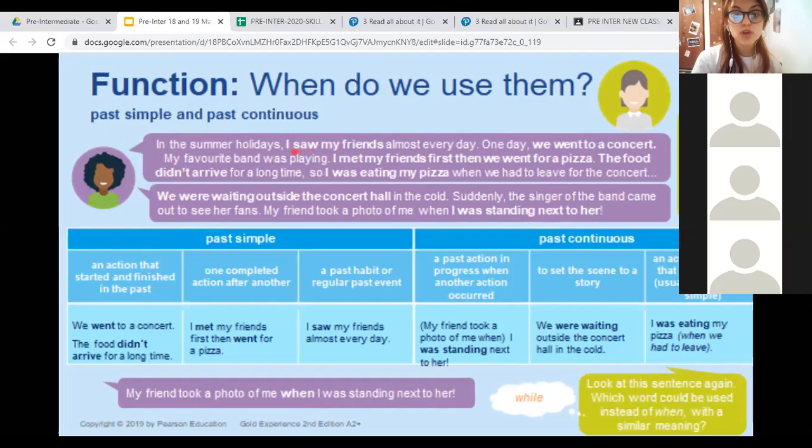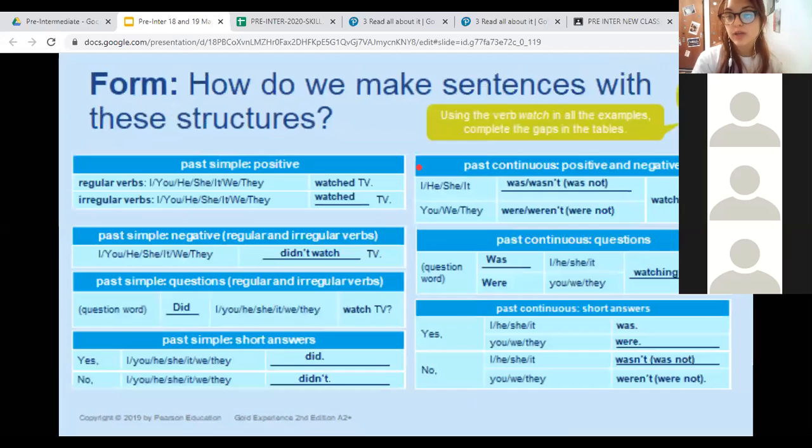So, for example, saw is the past tense of see. What about this one? Went. What is the present, the infinitive form? Go. What about met? Meet. Correct. So all of these are irregular verbs.